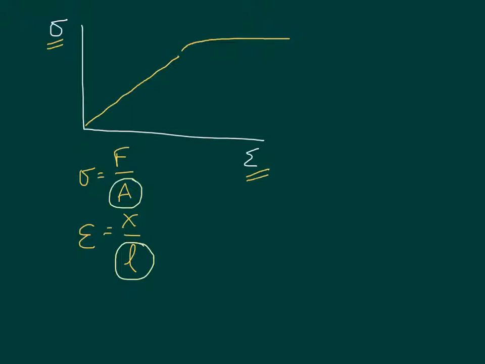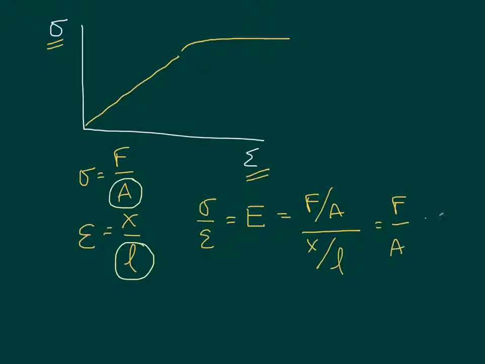So if I have stress over strain, we're going to denote that by E, big E, and it's going to end up mathematically as being F over A, all over x over L. Now, if you write that a bit nicer, we've got F over A times L over x, so we can see what's going on.